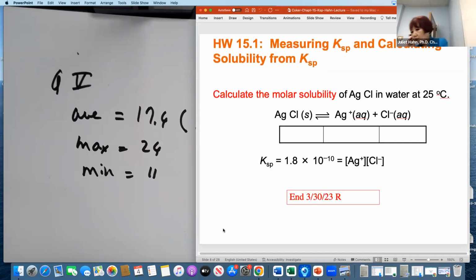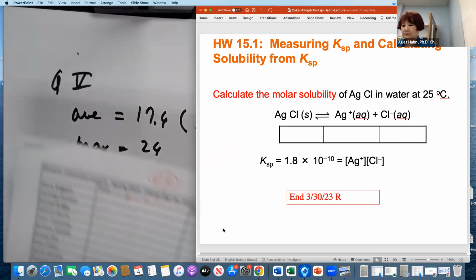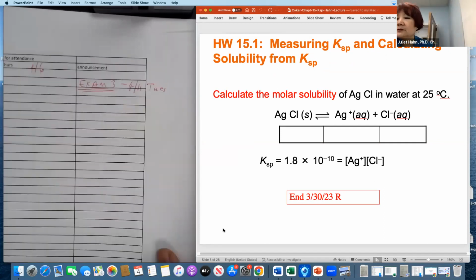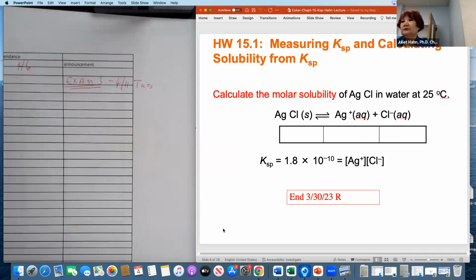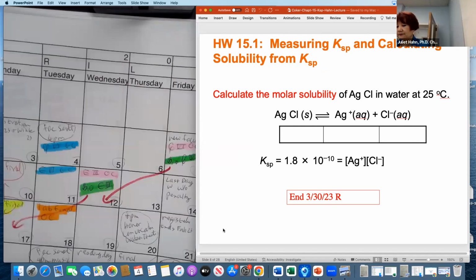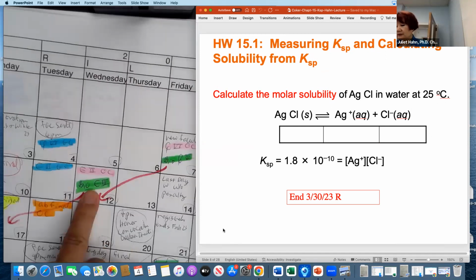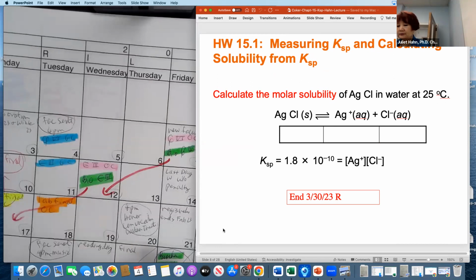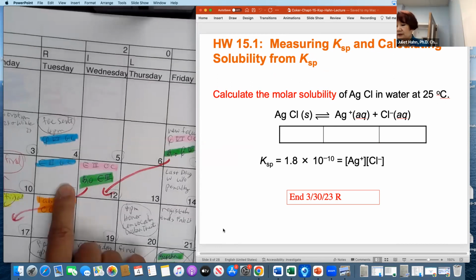Okay, so here comes the signing sheet. And what you'll note is that we are having an exam on April 11th. I haven't changed the date of anything, so we're having a quiz today, and then we're having an exam a week later on April the 11th.